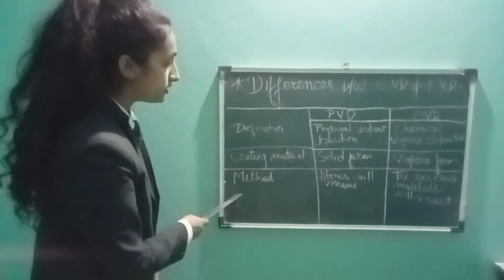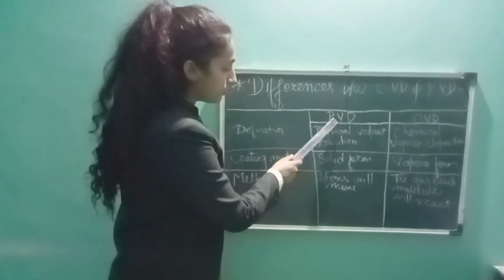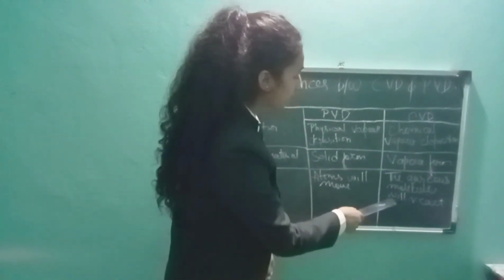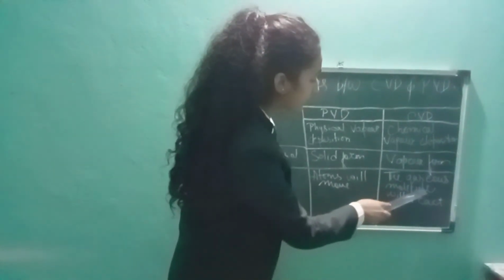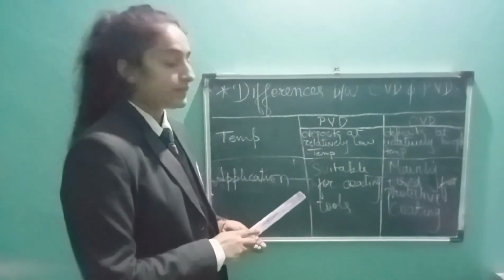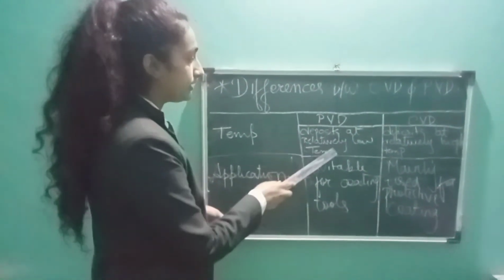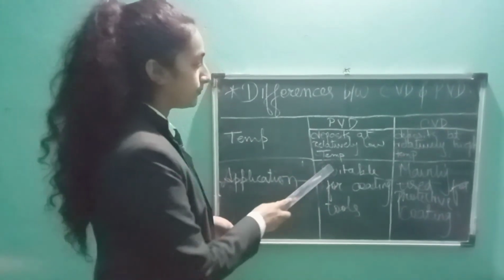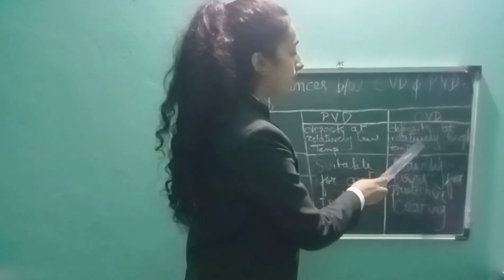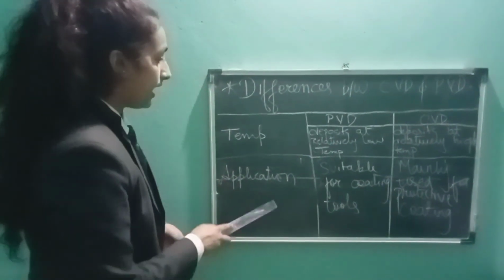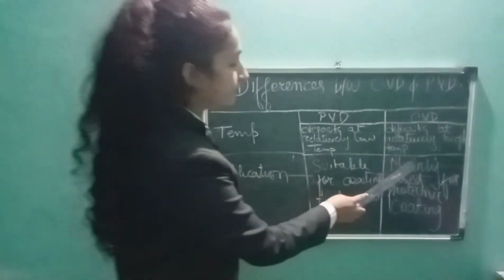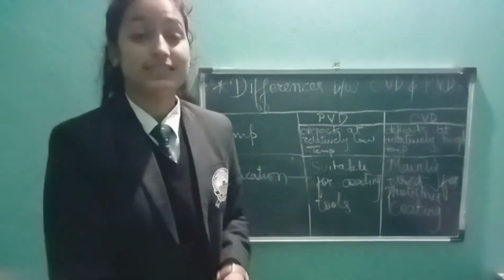The method of deposition: in PVD, atoms will move for the coating, whereas in CVD, the gaseous molecules will react with the substrate. In PVD, the source material will deposit at relatively low temperature, whereas in CVD, the source material will deposit at relatively high temperature. Applications: PVD is suitable for coating tools, whereas CVD is mainly used for protective coating.